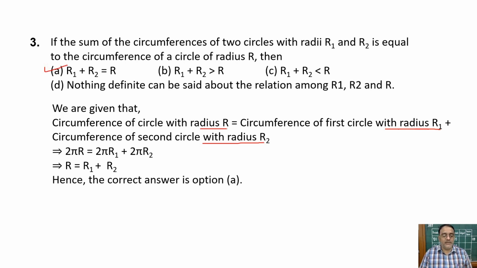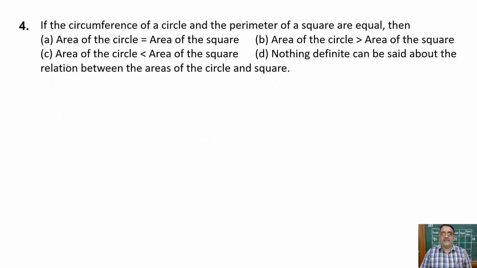Now we are moving toward question number 4. If the circumference of a circle and the perimeter of a square are equal, then we have to select the correct option. So circumference of circle is equal to perimeter of square. Let the side of the square be a. What will be the perimeter of the square? 4a.